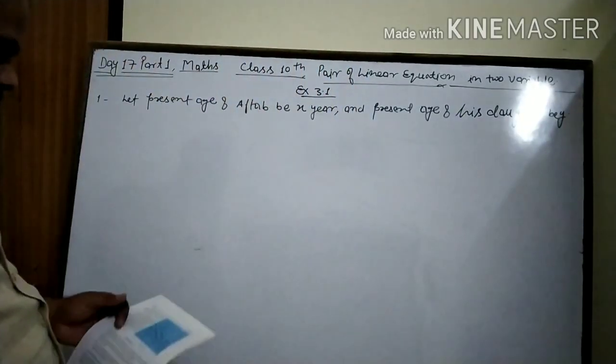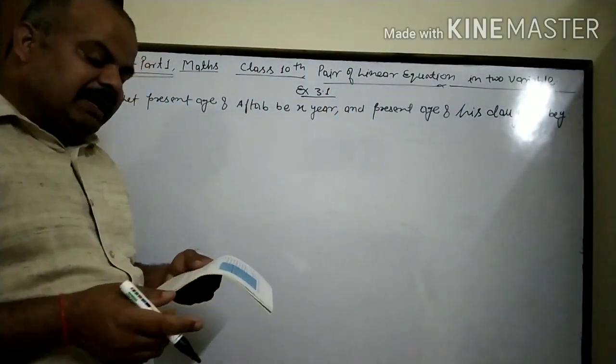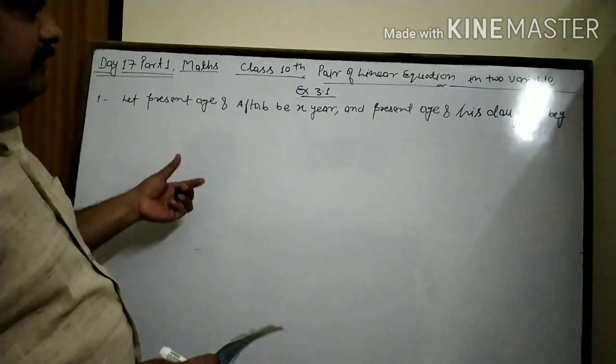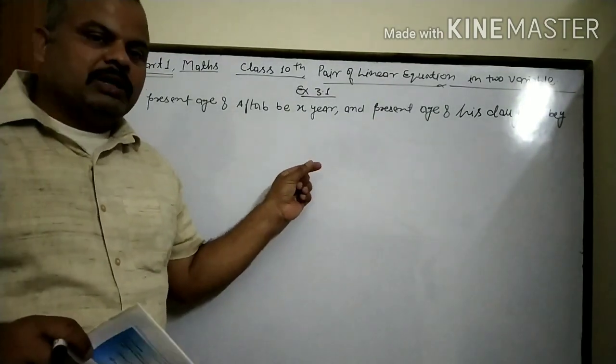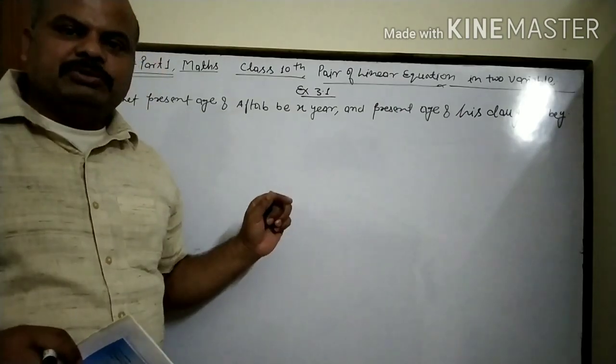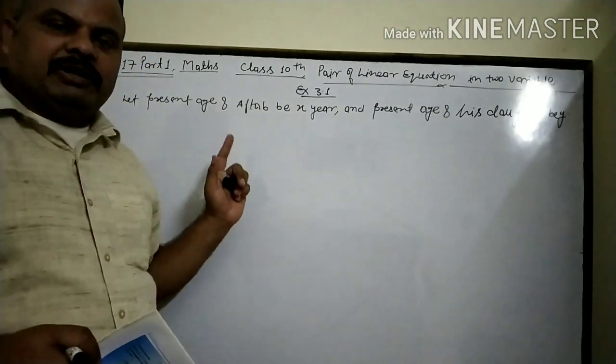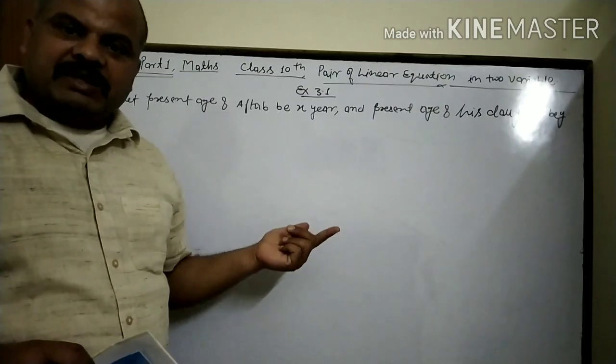Clear? Then 7 years ago, you know that when we discuss which word uses which sign, 7 years ago, ago means minus sign.